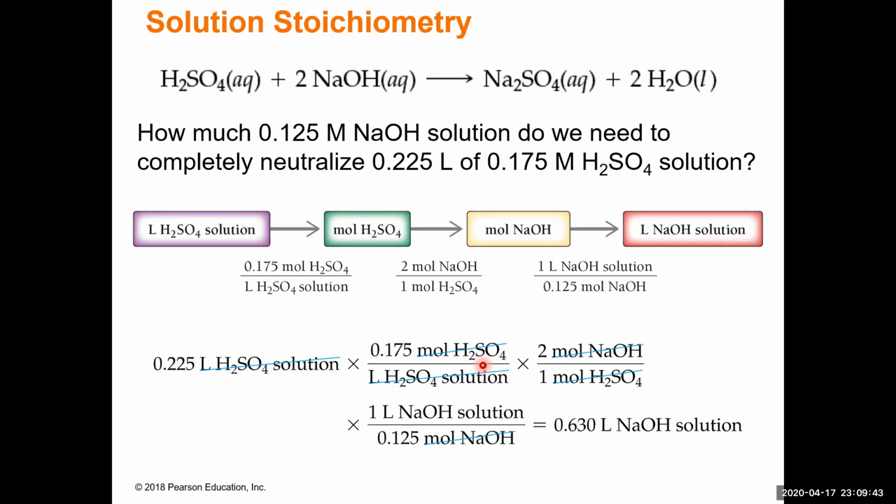Next, we want to convert from moles of H2SO4 into moles of sodium hydroxide. So for that, we'll need to use the balanced stoichiometric coefficients. We see that there's 1 mole of H2SO4 for every 2 moles of sodium hydroxide. And by multiplying by this relationship, we now cancel out the moles of H2SO4 and convert into moles of sodium hydroxide.